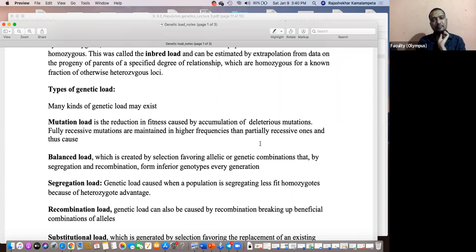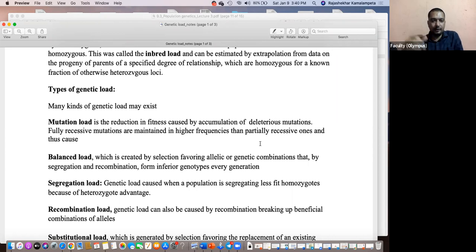So recombination: when two people marry, recombination results in new combinations of alleles. What else? Recombination and mutation can be seen. There are a few other things which are not evident to us, but I'll explain in what sense they can be connected to genetic load.